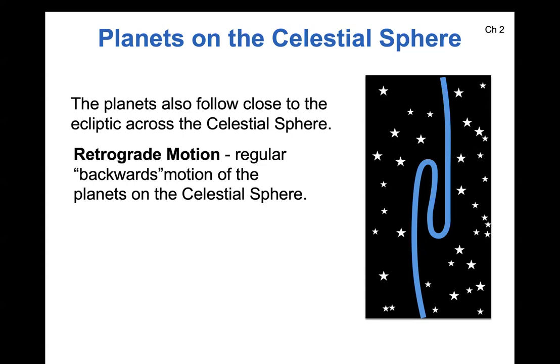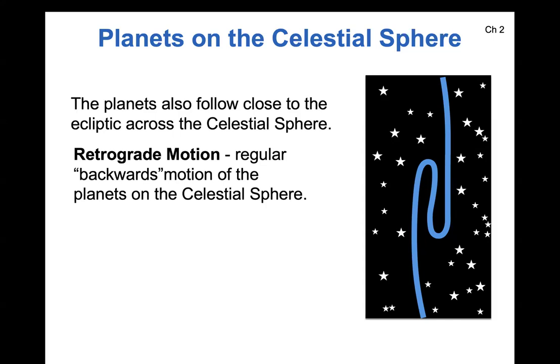And its location in the celestial sphere would be more and more east. But then over a period of at most a couple of weeks, the planet will instead be west of where it was the day before. And it will continue to move west for a few days and then kind of come to a stop and then go back in its normal east, in other words, positive right ascension direction.